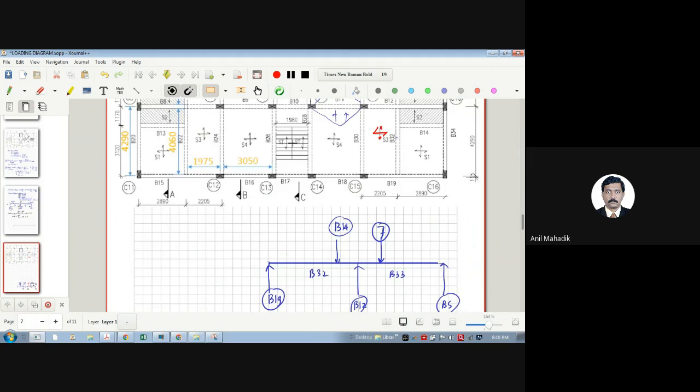नाउ अभी लोड बताओ कहाँ कहाँ से लोड आएंगे। सो B32 में, दिस इज माय B32, देयर विल बी लोड फ्रॉम विच स्लैब, S1। S1 में कौन सा लोड रहेगा, मे बी ट्रेपेजॉइडल रहेगा, करेक्ट। S3 वन वे है मेरा, तो इट विल बी वन वे लोड। विल देयर बी एनी लोड फ्रॉम S1?